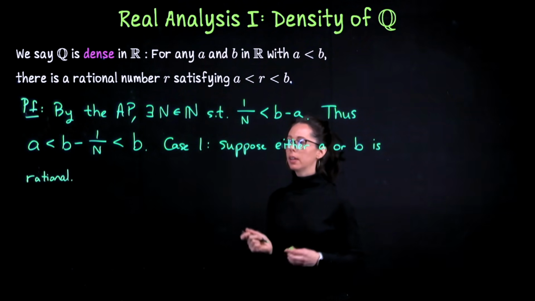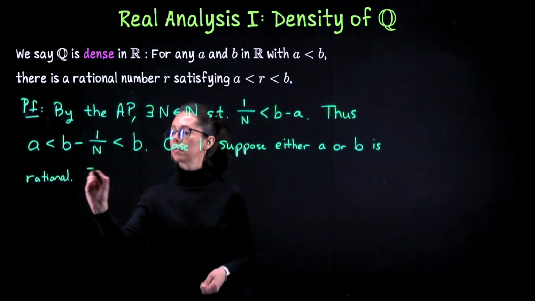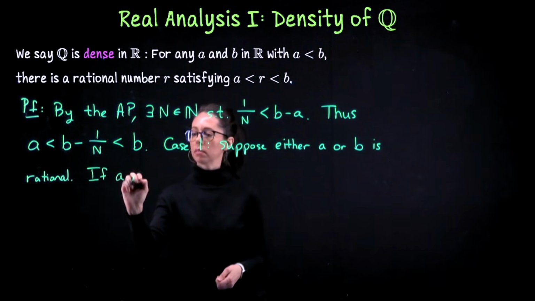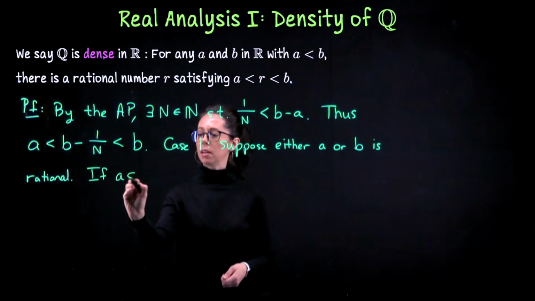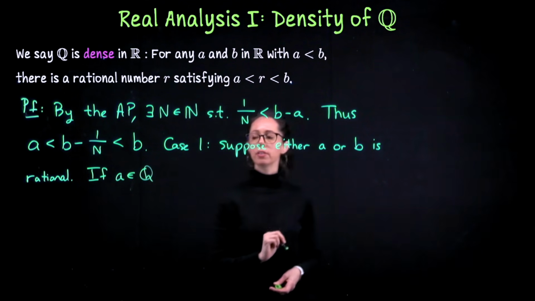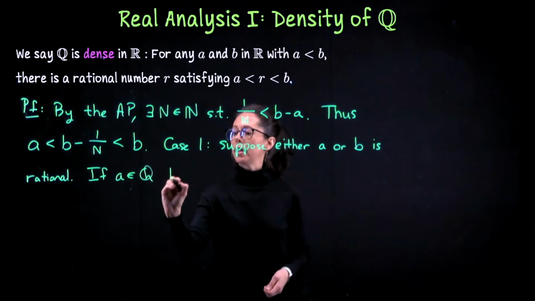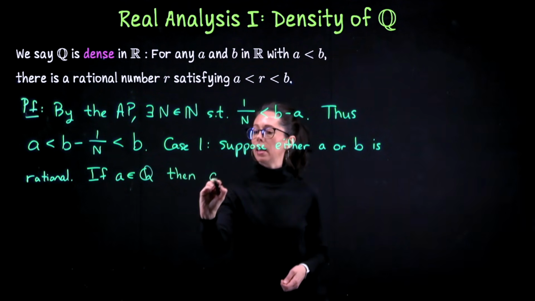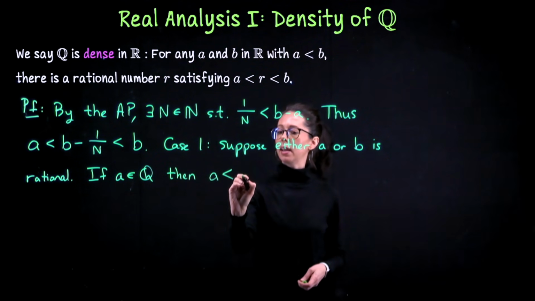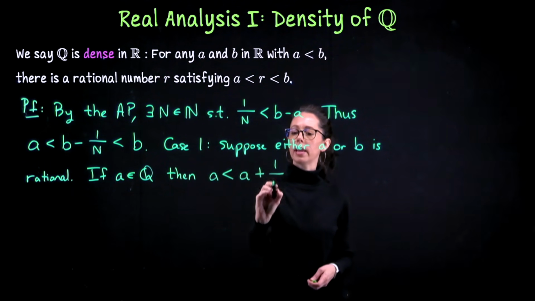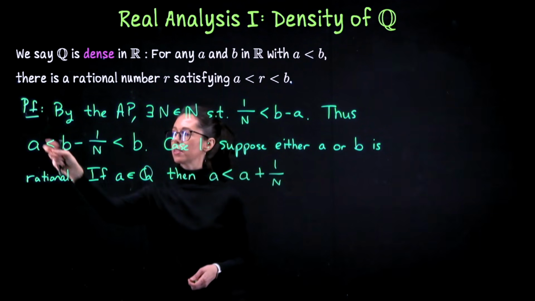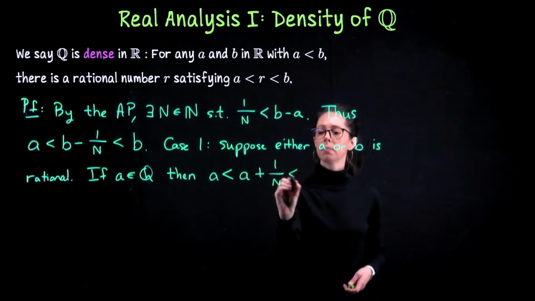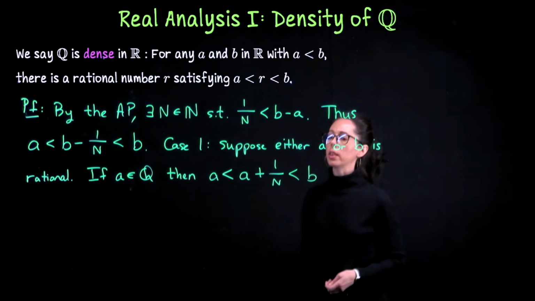If a is rational, let me write, if a is a member of the set of rational numbers, then a is less than a plus 1 over n. Looking back at this, I'm going to bring this over. a plus 1 over n is less than b. Still just working off of this inequality.